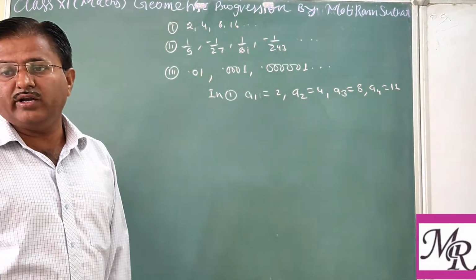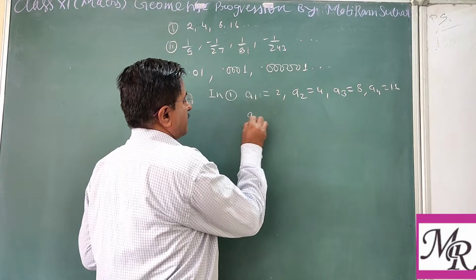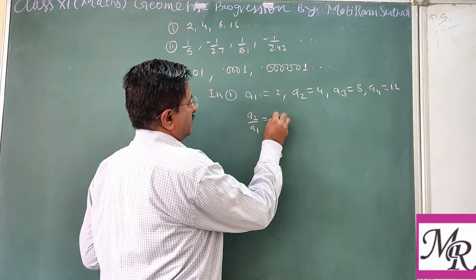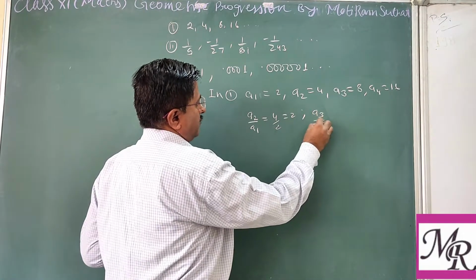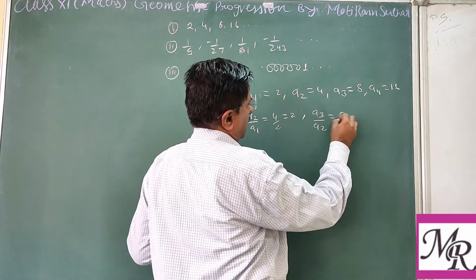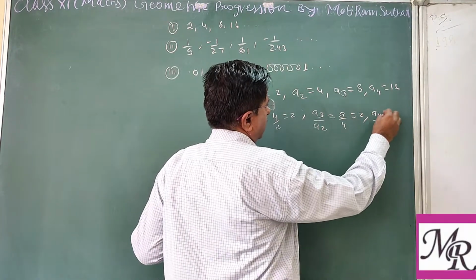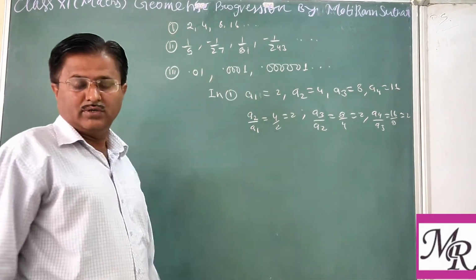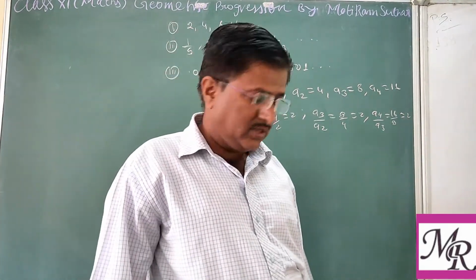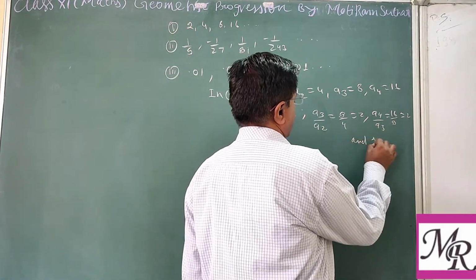Now if you find the ratio of the terms, second term by first, that is 4 by 2, which is 2. Similarly, third term by second is also 2, and fourth term by third is also 2. Clear?